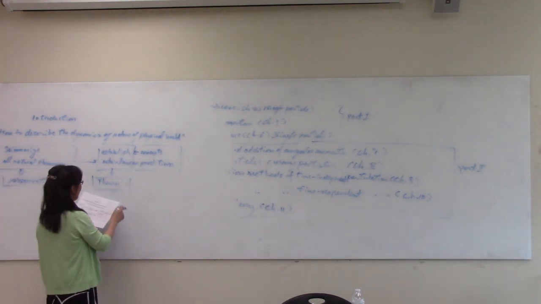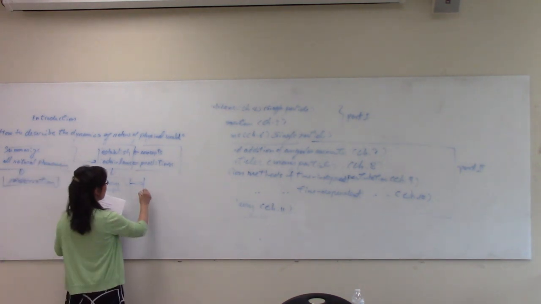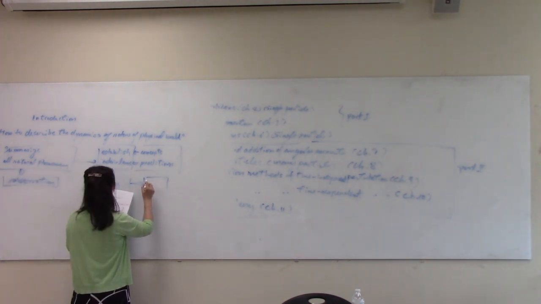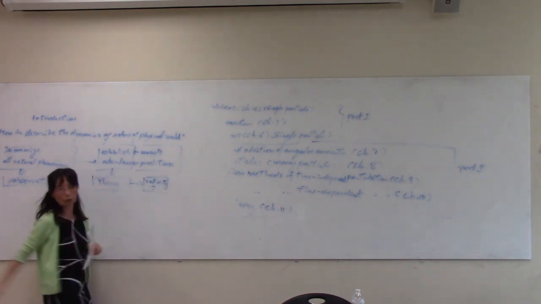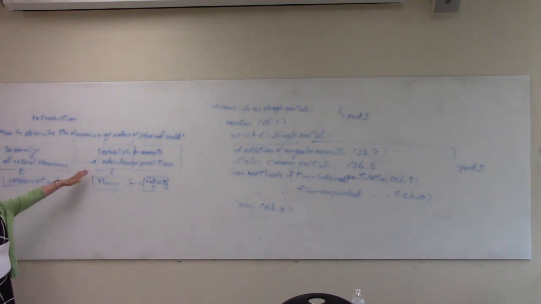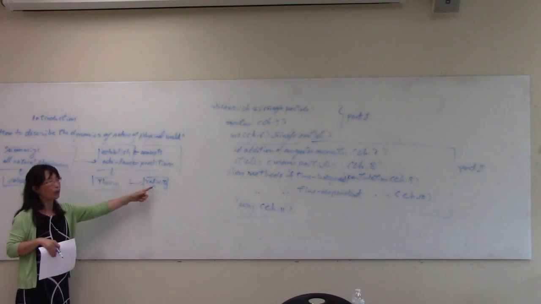In this theory, we are going to check its validity, right? We are going to use experiment. First, we observe and we establish theory. Then with this theory, let's see whether it is predictable.